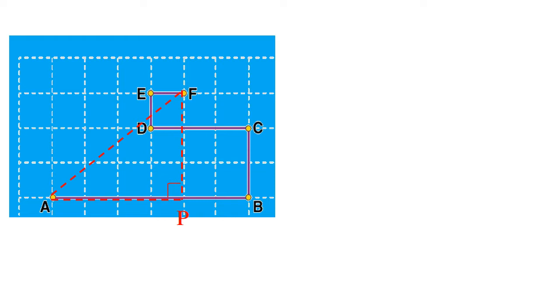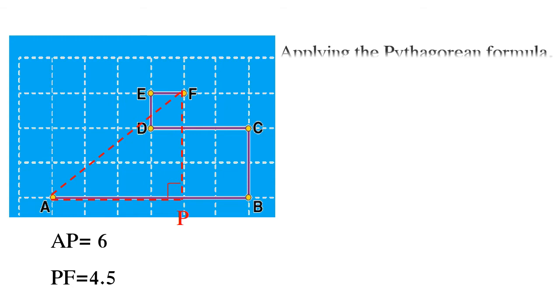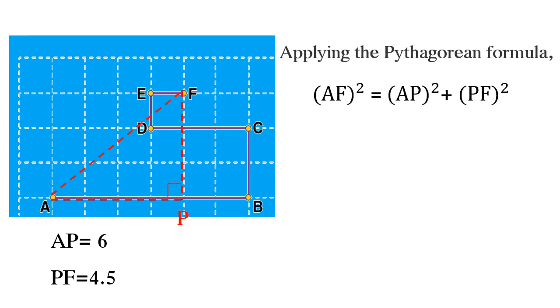So how to calculate this? So by Pythagorean theorem, AF square. Now see here AP. AP is 1.5, 1.5 means AP is 6. PF again 1, 2, 3. So PF will be 4.5. Now we have to find out AF. Now this we can't find out directly because this is a hypotenuse. So according to Pythagorean formula, AF square equal to AP square plus PF square.